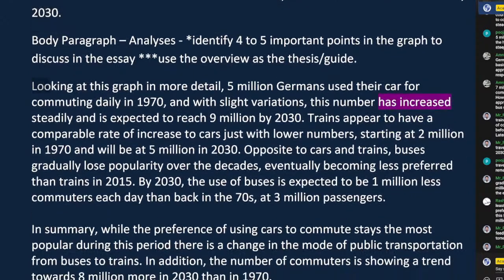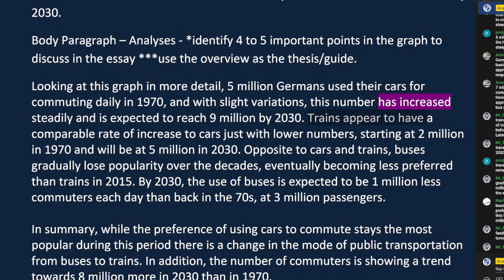Furthermore, there are 11 million commuters total in 1970, and this number is expected to increase to 19 million by 2030. Looking at this graph in more detail, 5 million Germans used their cars for commuting daily in 1970, and with slight variations, this number has increased steadily and is expected to reach 9 million by 2030.